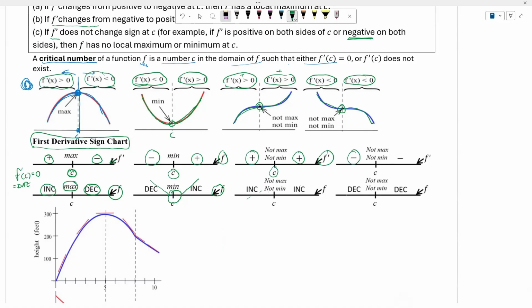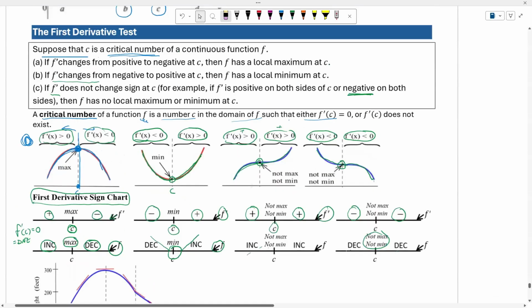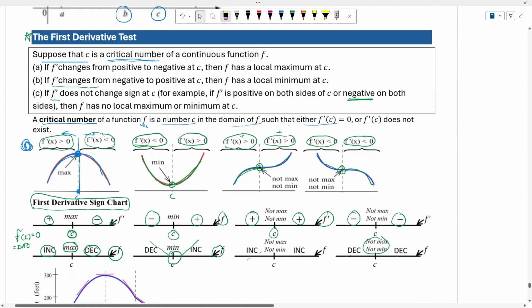Same thing with negative, negative, meaning the function is decreasing and then also decreasing. Again, we will have no max or no min. So this is how we use the first derivative test to see if we have a local maximum at c or a local minimum at c.